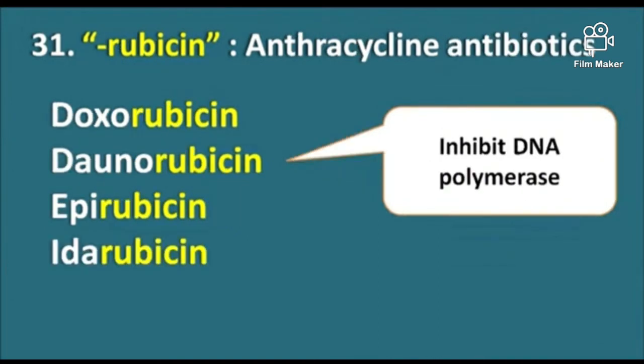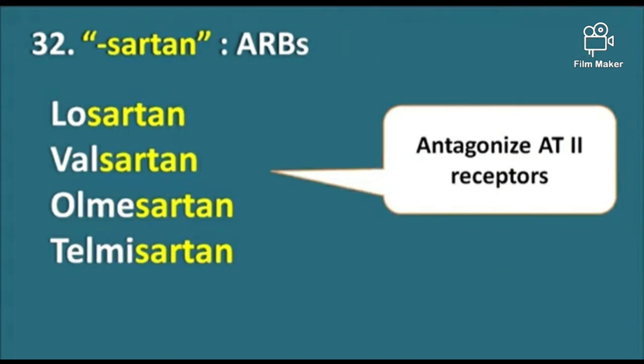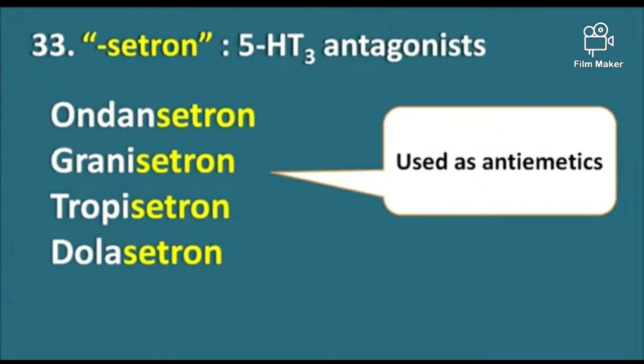Rubicin, anthracycline antibiotics: doxorubicin, daunorubicin, epirubicin, idarubicin inhibit the DNA polymerase enzyme. Sartan, ARBs: losartan, valsartan, olmesartan, telmisartan antagonize angiotensin 2.